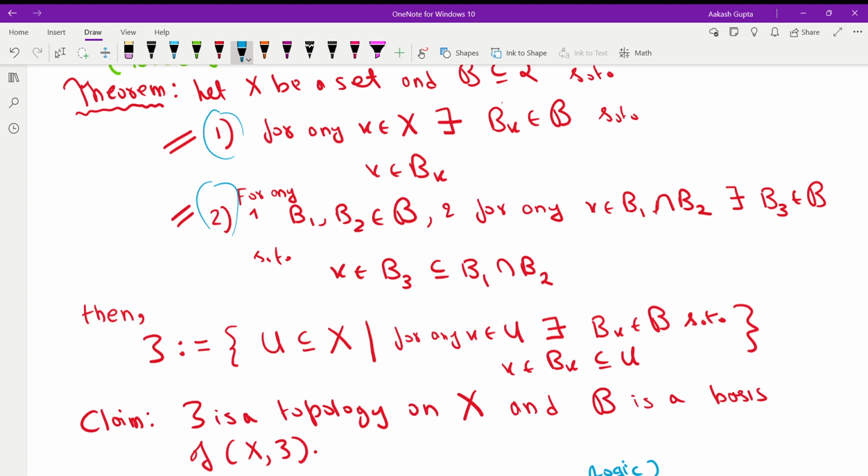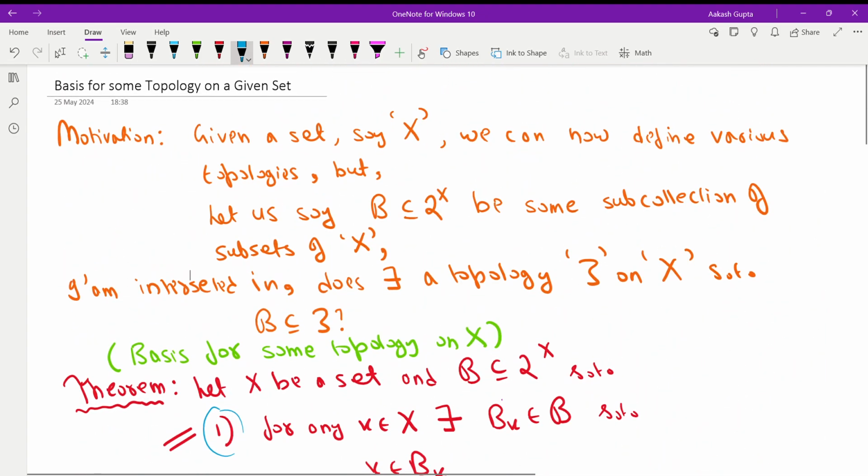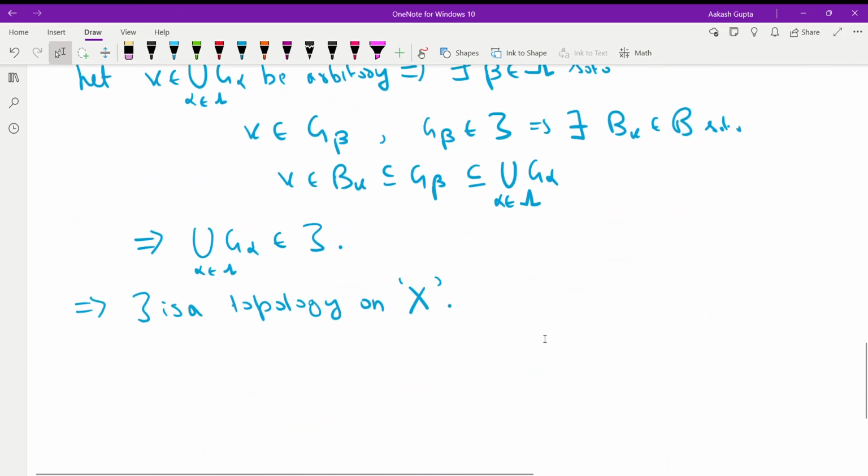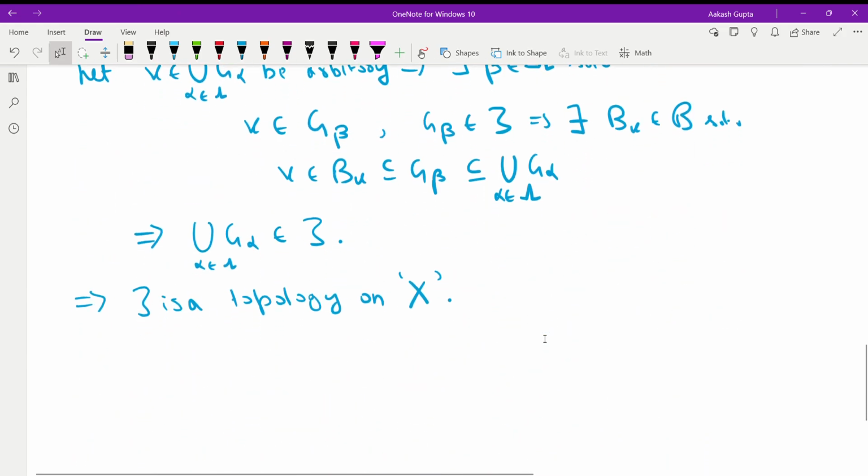So if this is a basis, of course, the basis is inside tau. It has to be inside tau, and you know the rest. I mean the green color, orange color, whatever I have written in this motivation. So we will complete that question. Okay. So let us show that final thing.